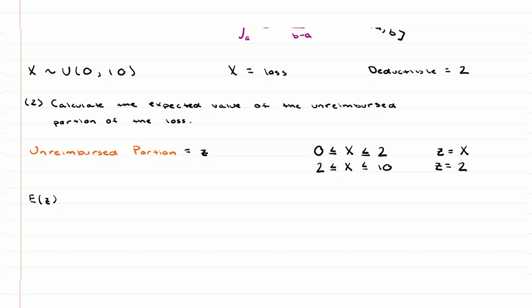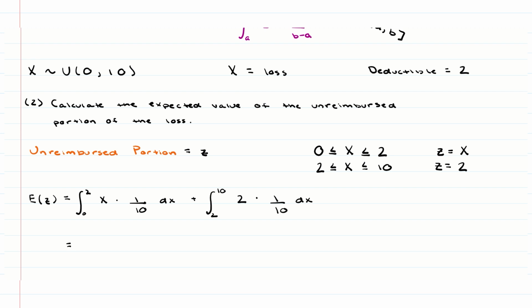Because we came up with two different bounds, we'll have two different integrals. And the first will be from 0 to 2. And that's when Z equals x times 1 over 10 minus 0, which equals 10, dx. And our second integral is from 2 to 10. And here Z equals 2 times 1 over 10 dx.